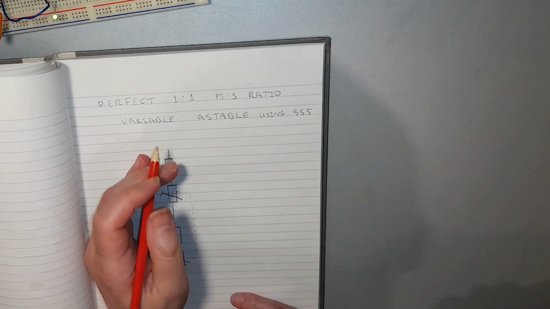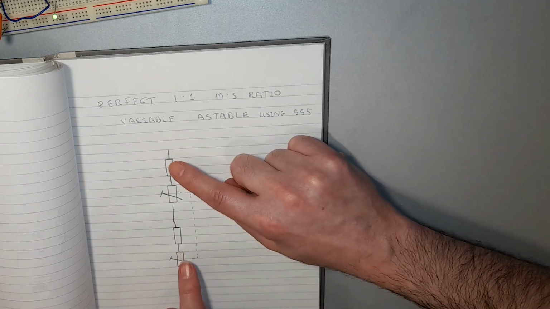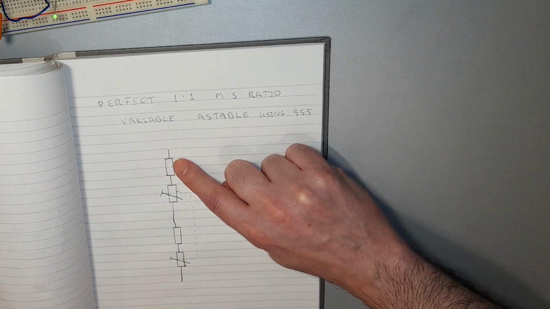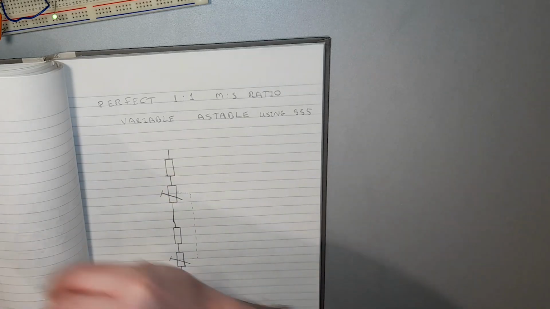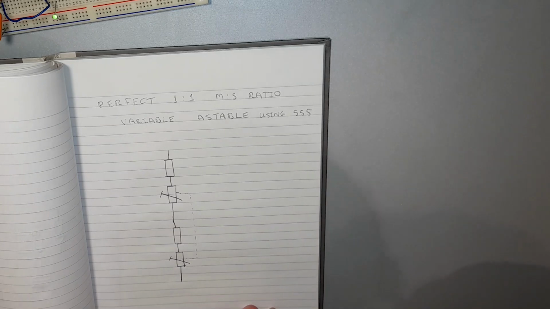And so the minimum value we said here for this resistor here, the top resistor going from positive to pin 7, ideally is something like 1K.